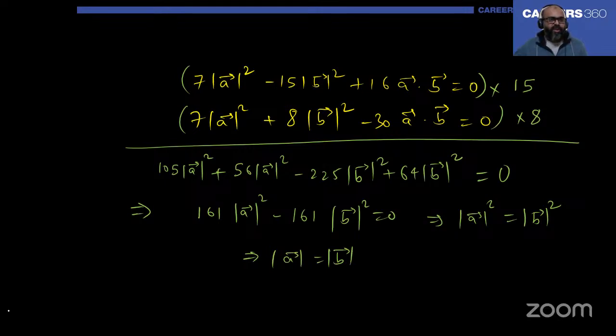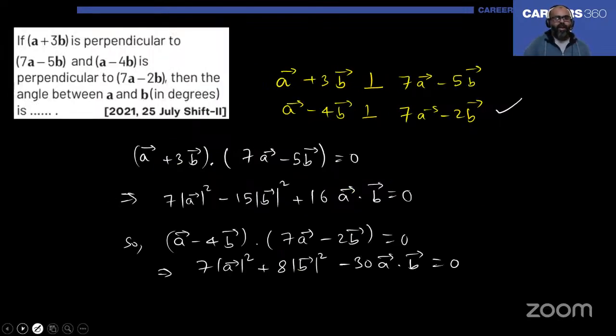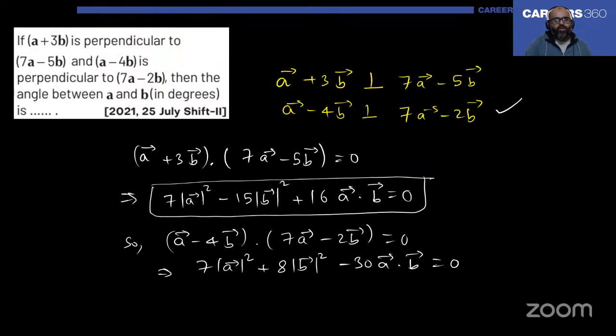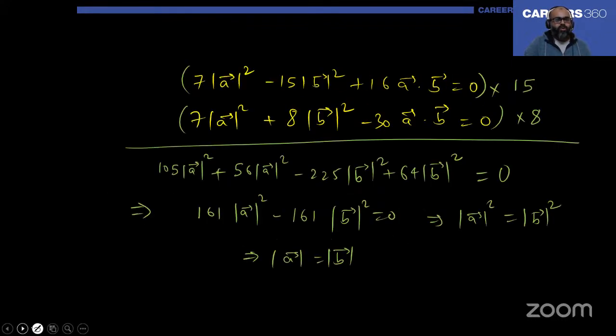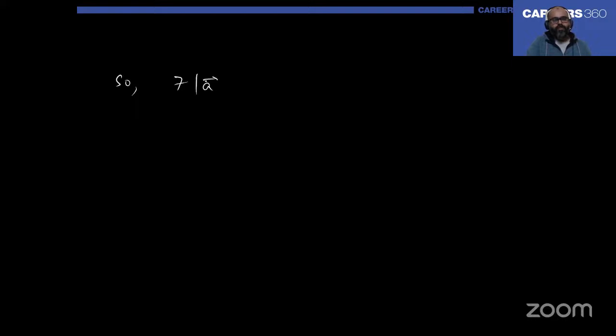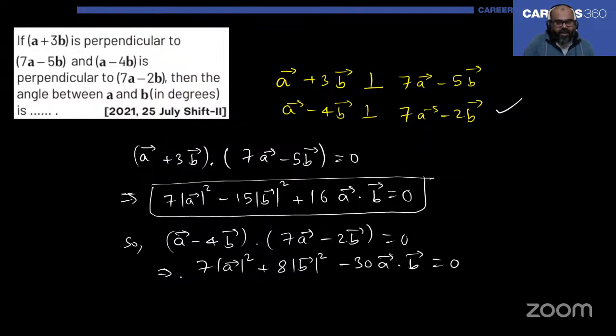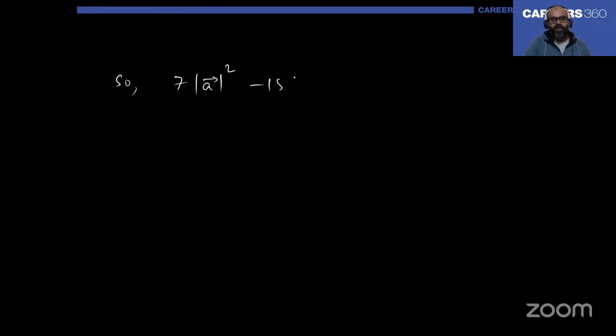After this, we can take any one equation out of these two, let us take this equation. Since mod a and mod b are equal, we can say 7 mod a square plus 8 minus 15 mod a square.